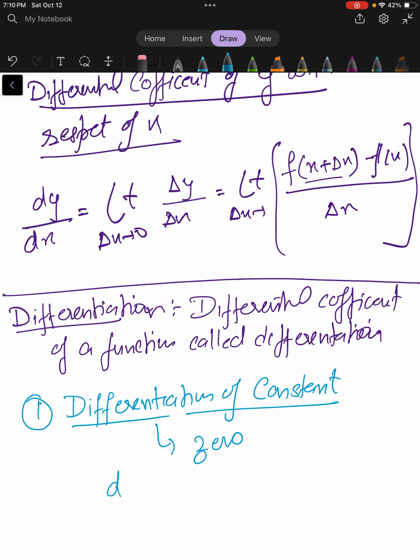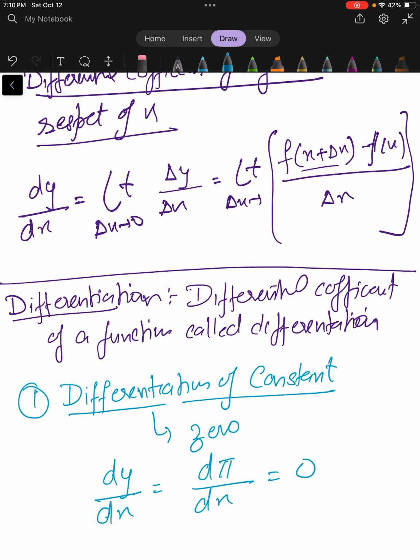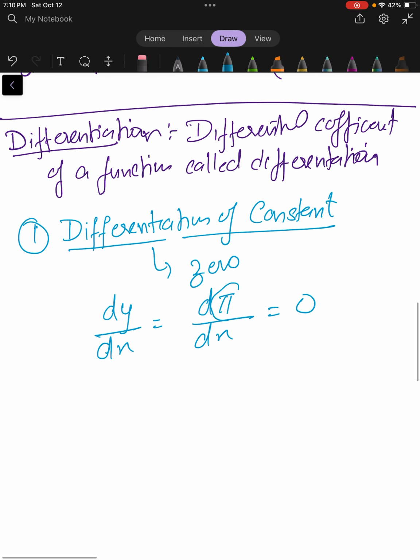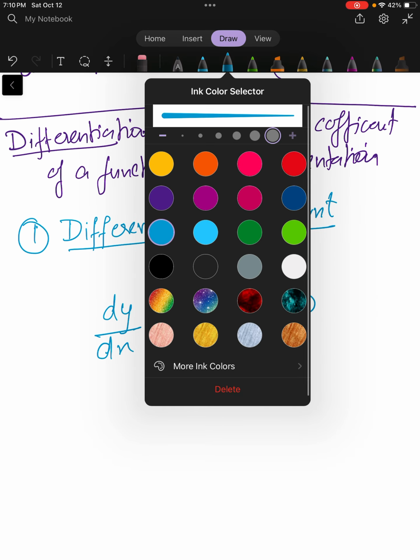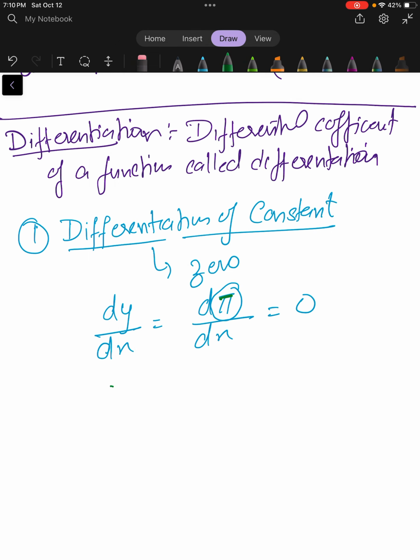When we write dy upon dx, this is the differentiation. If I want the differentiation of pi with respect to x, the result will be 0, because this pi is a constant value. This is why the differentiation of this is 0.